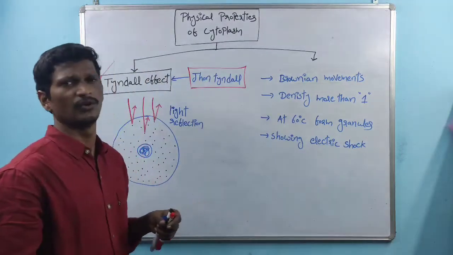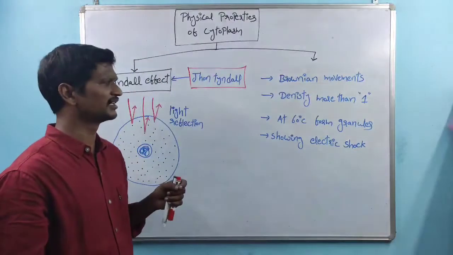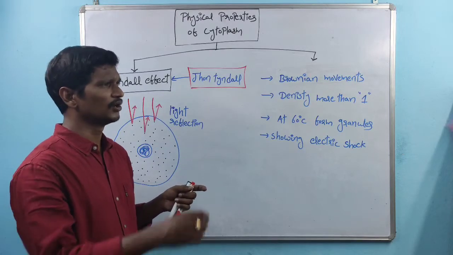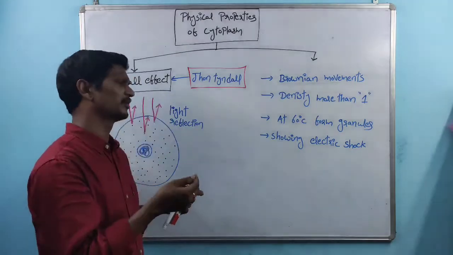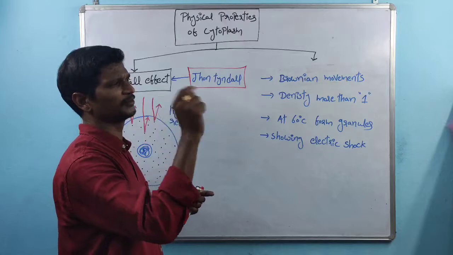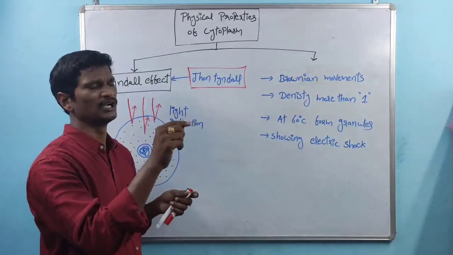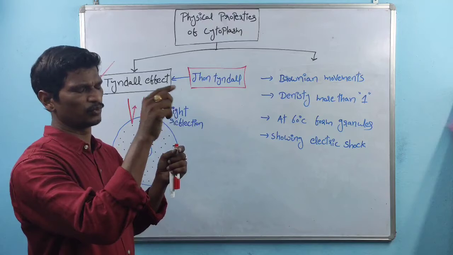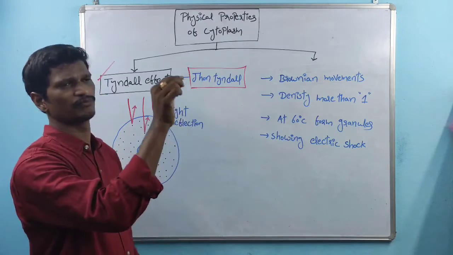And it shows electric shock. The cell cytoplasm content majorly shows electric shock because, suppose unexpectedly we put our finger into a switchboard and electricity passes from the electricity board to our body, especially from one cell to another cell.